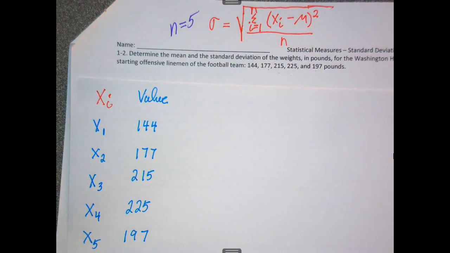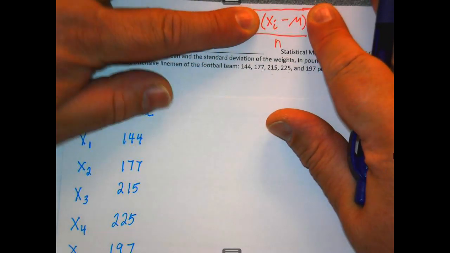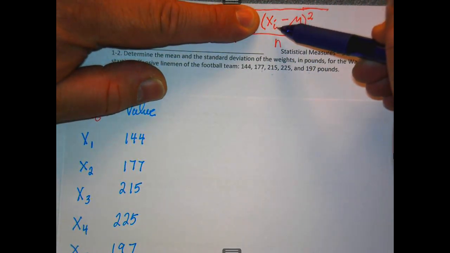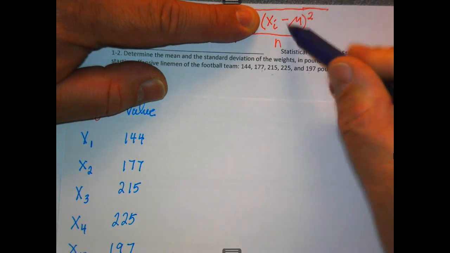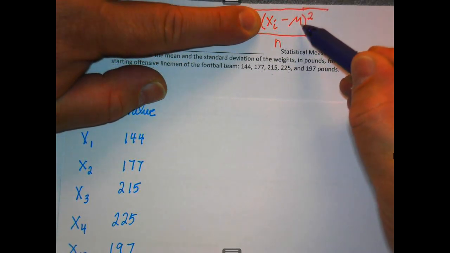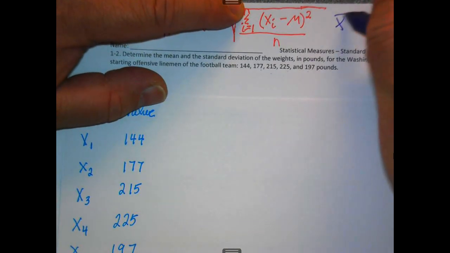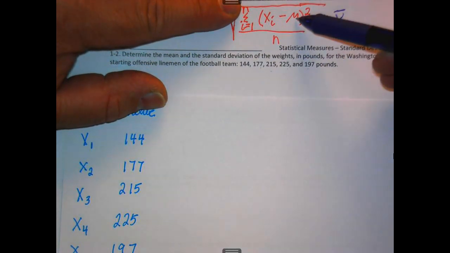Okay. So the first thing we have to do is take each one of our x of i and subtract the mean. Now remember, this will be represented by x bar too. It's a different symbolization. This is actually the mean of the population.